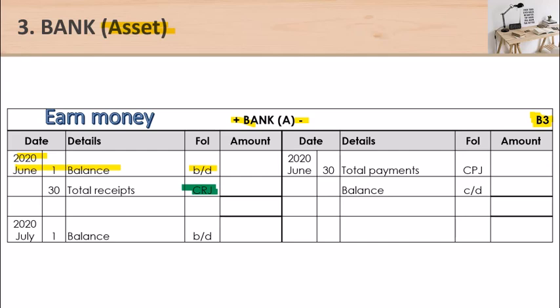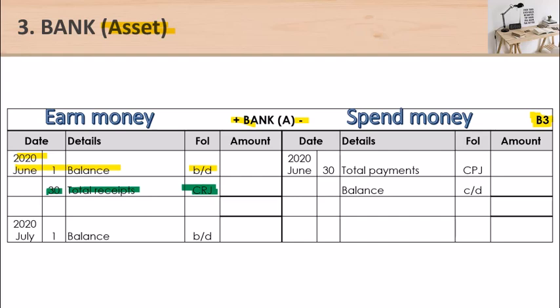And we can earn money for various reasons. It can be the owner paying us some capital, or making cash sales, or earning rent income, or whatever. Okay, and we don't write them all individually. We just say total receipts. And it's because it's the bank column total, we post it on the 30th because that's the last day in June.